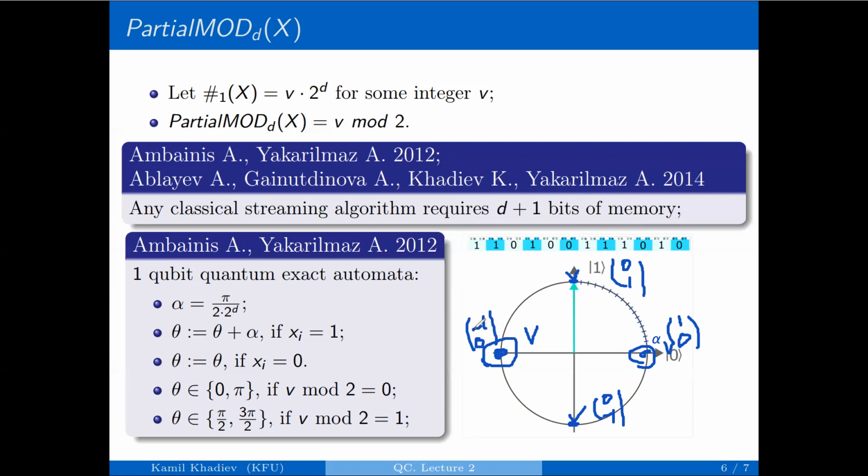It means that we obtain the 0 state with probability 1. And if it is in this state or this state, the square of the amplitude for state 1 is 1, and the square of the amplitude for state 0 is 0. And we obtain 1 with probability 1.